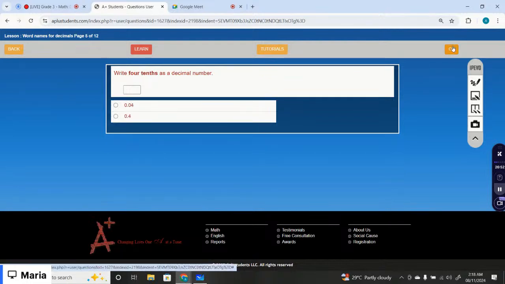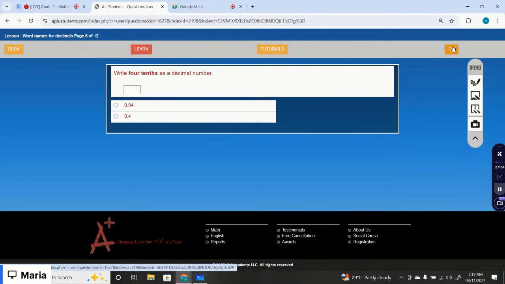Right? 4 tenths as a decimal number, so which is the correct option? So 4 tenths. 4 must be at the tenths position.